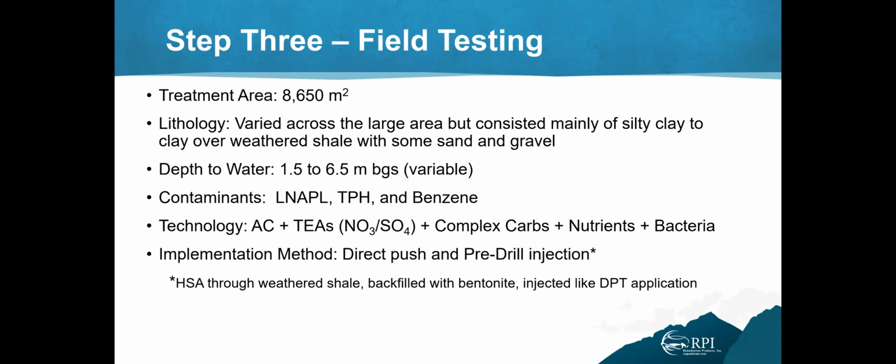So you drill through the shale, you backfill the hole with bentonite, and then you can use your DPE to push back through the bentonite and inject in that manner. If you've ever had anyone present you a similar injection where they actually cut through PVC pipe, it's something like that.